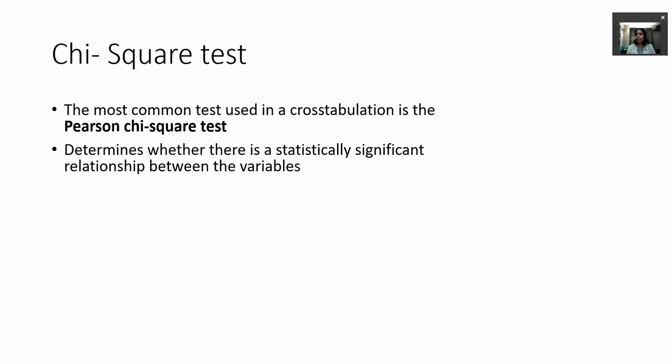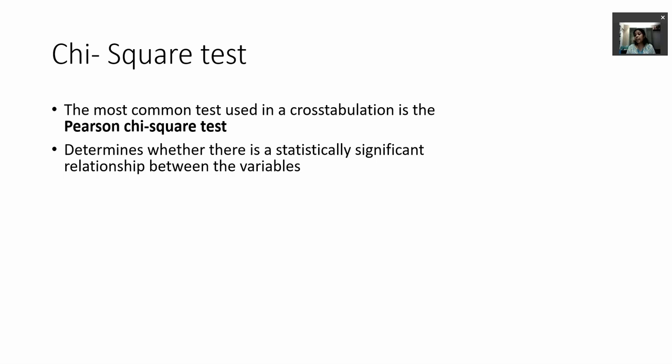The chi-square test is one of the most common tests used along with the cross tabulation analysis. In the chi-square test, specifically the Pearson chi-square test is used when both the variables are categorical in nature. So the Pearson chi-square test is the test that we'll be performing in the SPSS software.